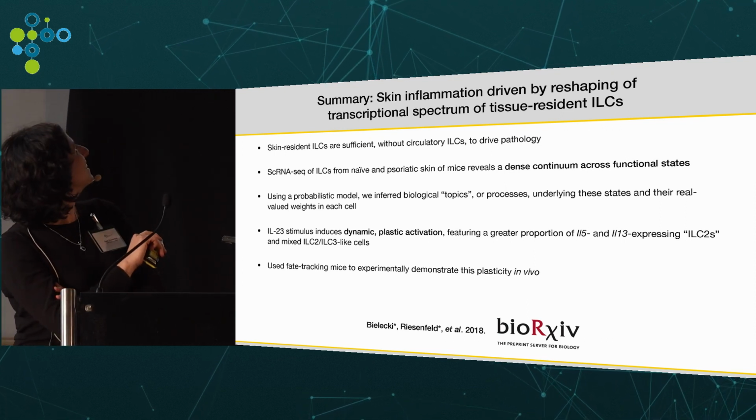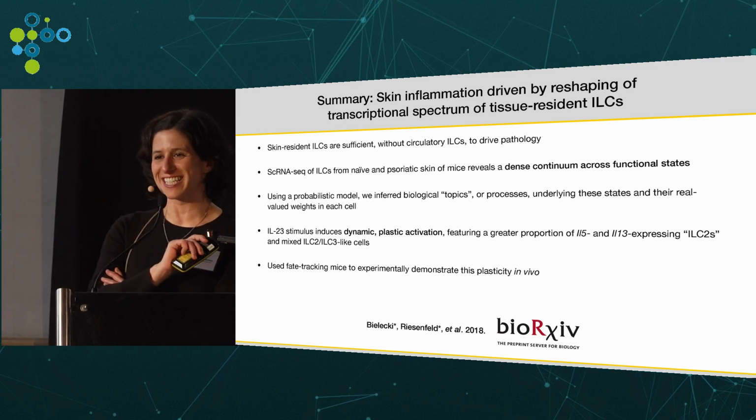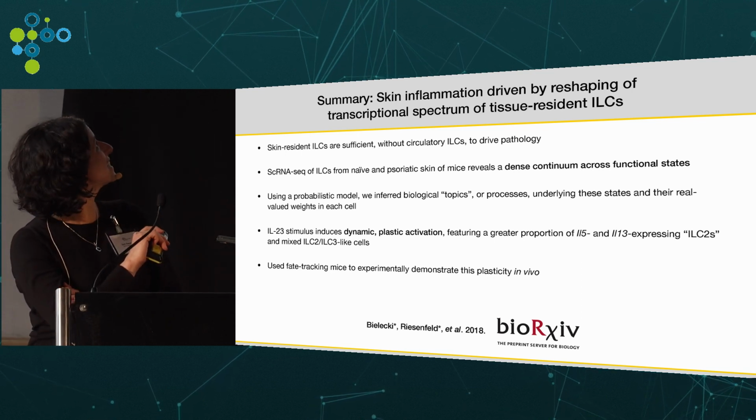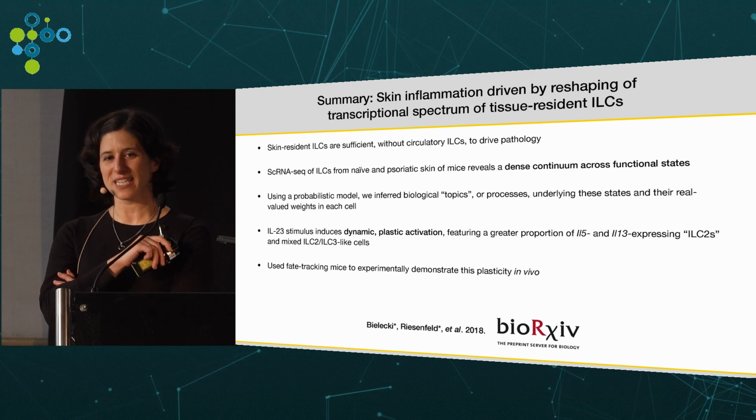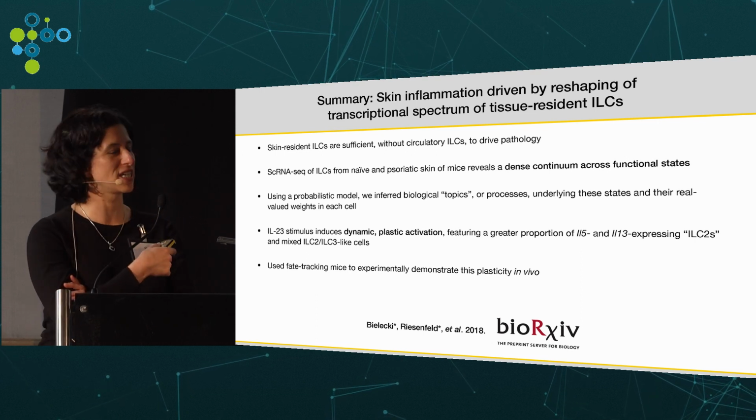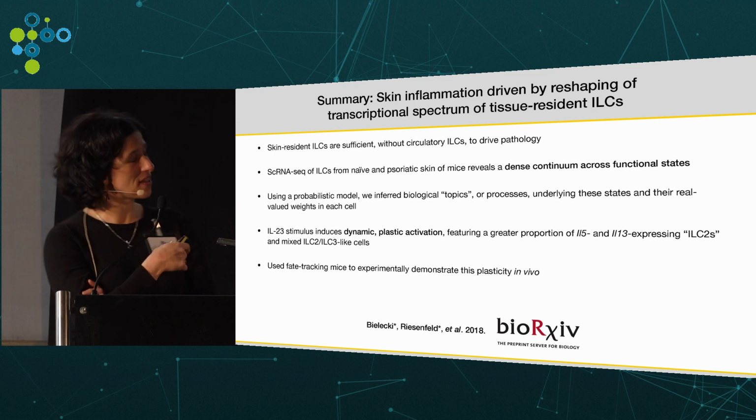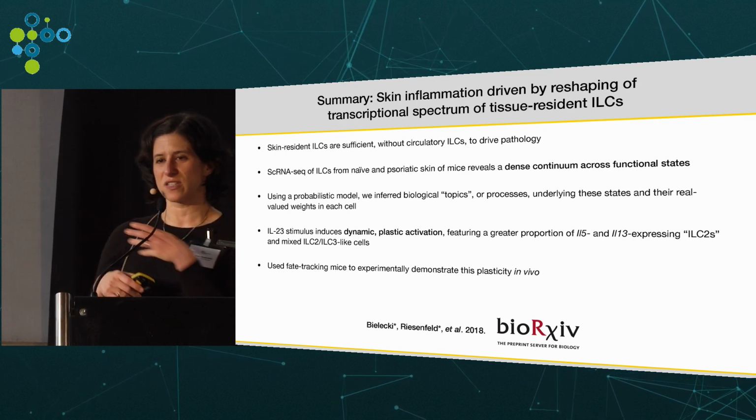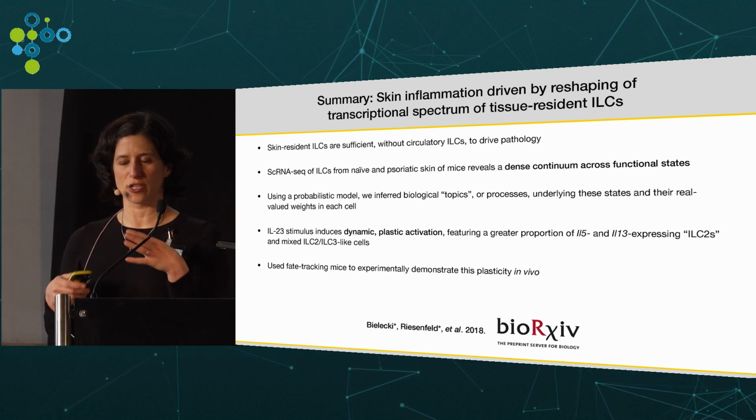Just to summarize, these are skin-resident ILCs. They look like they're sufficient without T cells to drive this kind of skin inflammation. And we showed that even at steady state, there's this dense continuum of transcriptional states.